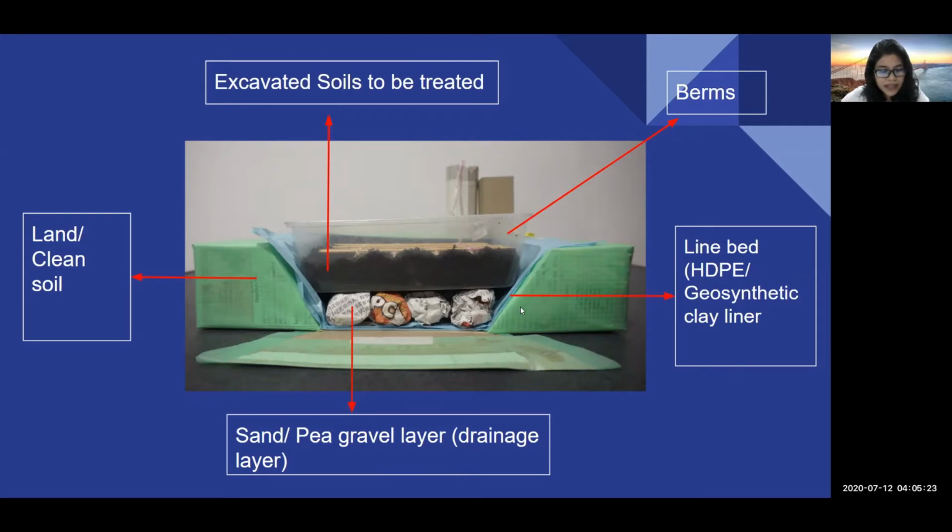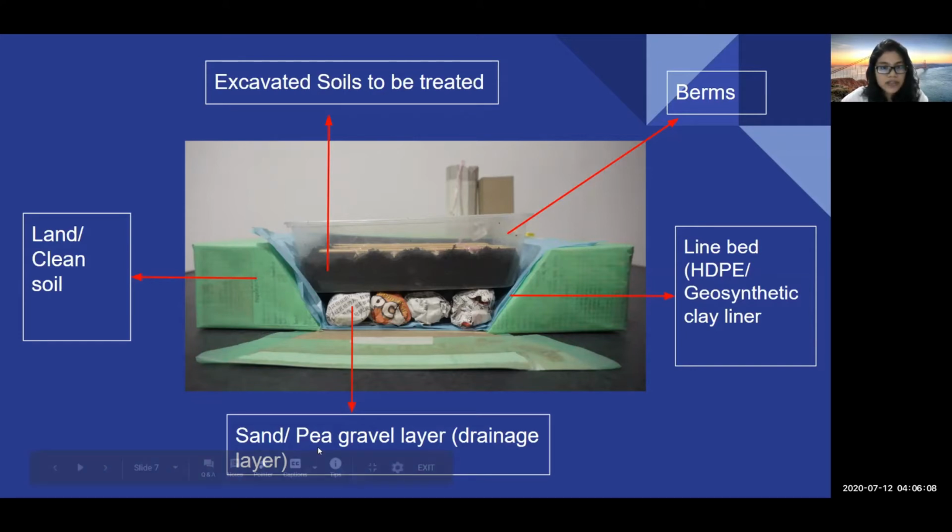This liner bed is to avoid the leakage of the leachate and also groundwater contamination. Right under here, we have a pump located on the liner bed, which is for leachate collection.